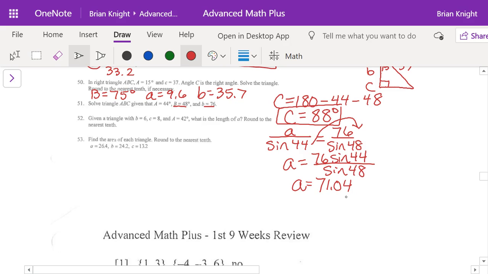And I was confused a while ago because I don't know how to put it in the grade or not, because I kept getting this. 71.04. We do the same thing to find little b.